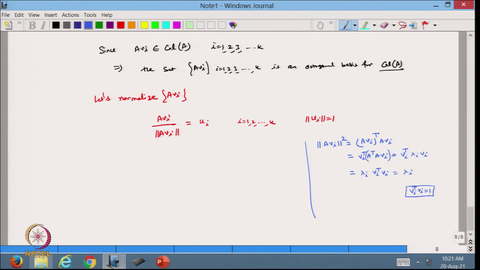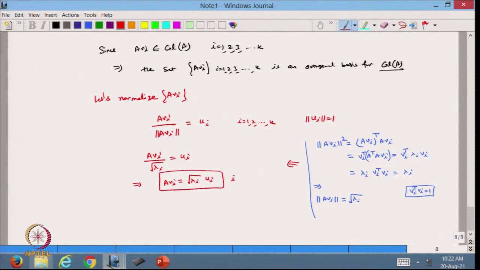Now, from here I can say that the norm of A Vi is equal to the square root of lambda i. So, I can write A Vi divided by the square root of lambda i as equal to Ui, and that gives me A Vi is equal to the square root of lambda i times Ui.